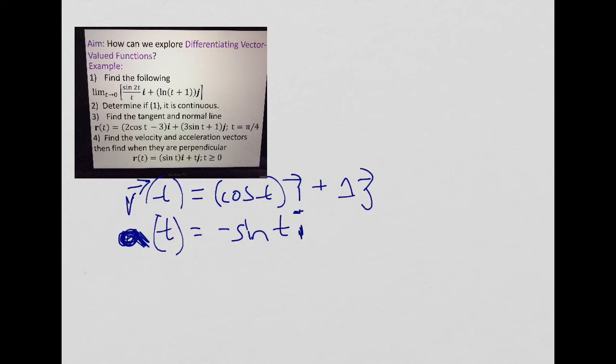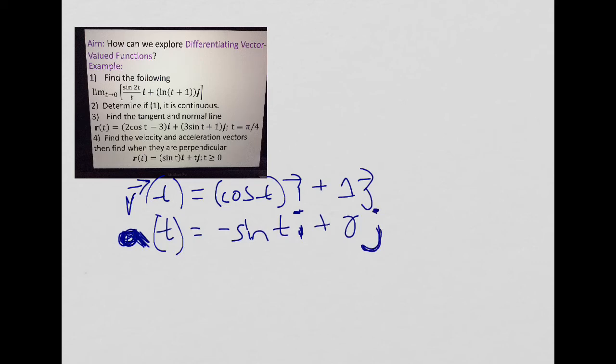Okay, so velocity from here, just take the derivative. So for the first one it's cosine of t. For the next one it's just 1. All right, acceleration. So I take the derivative of cosine of t, and the derivative of 1 would be 0.